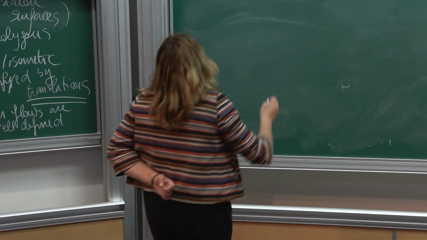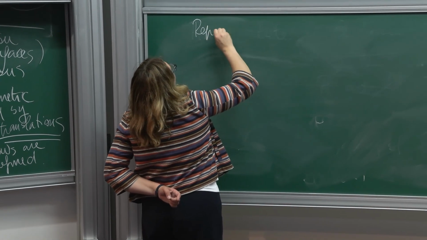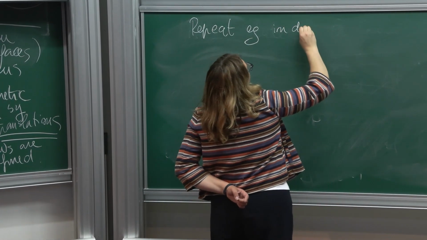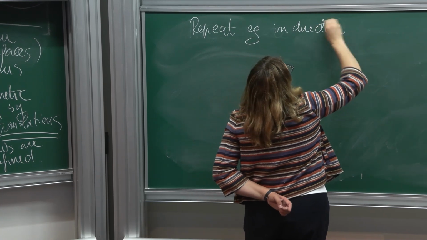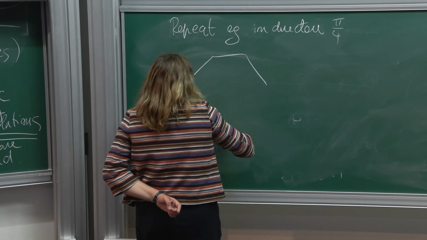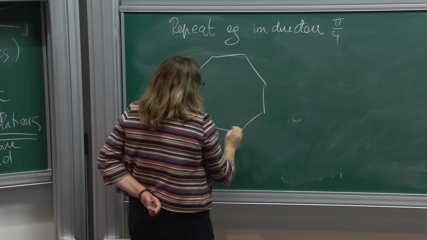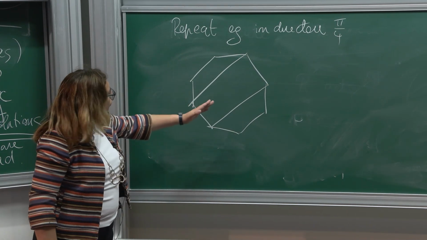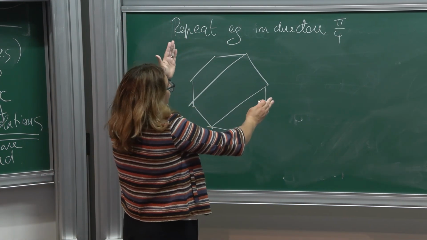But what you can do, you can repeat, for example, in direction pi over 4. So you can take the octagon, and this time look at direction pi over 4. And you see here too, you have a similar picture rotated.